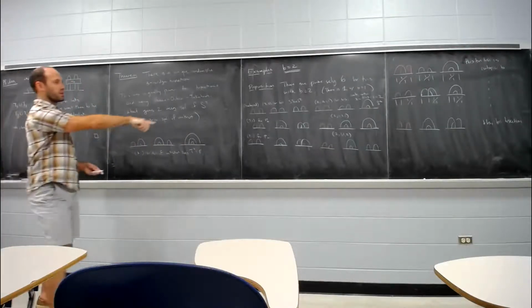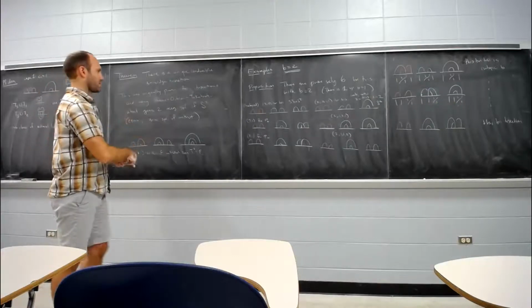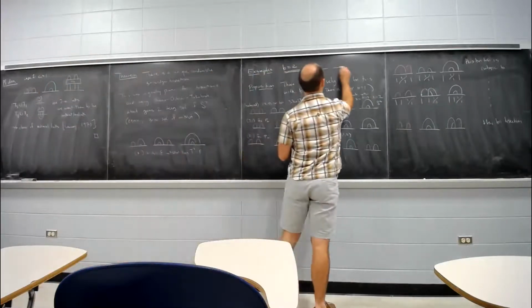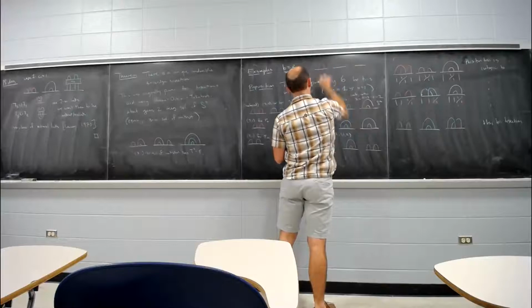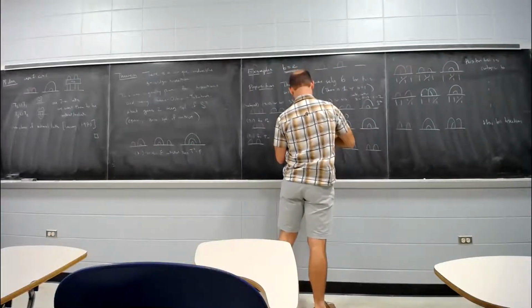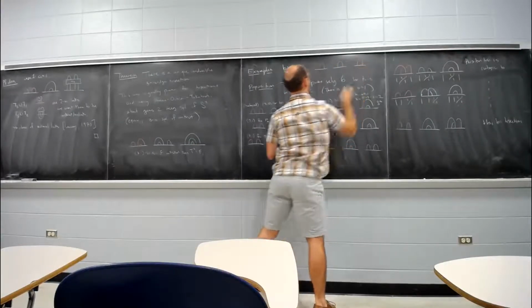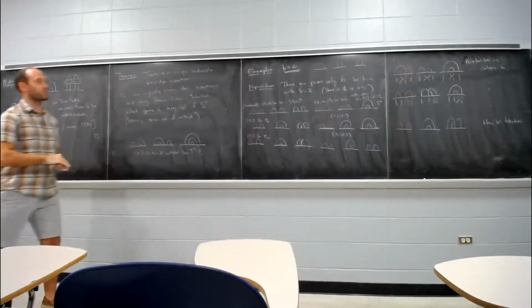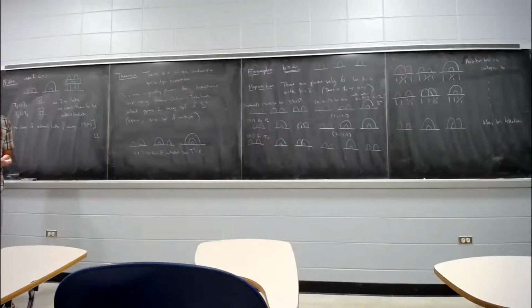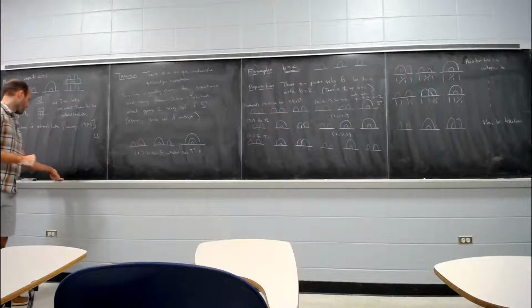So this is then a complete list of bridge trisections. For completeness, let's look through this. Okay, so on the board you see the 8 bridge trisections up to b equals 3.